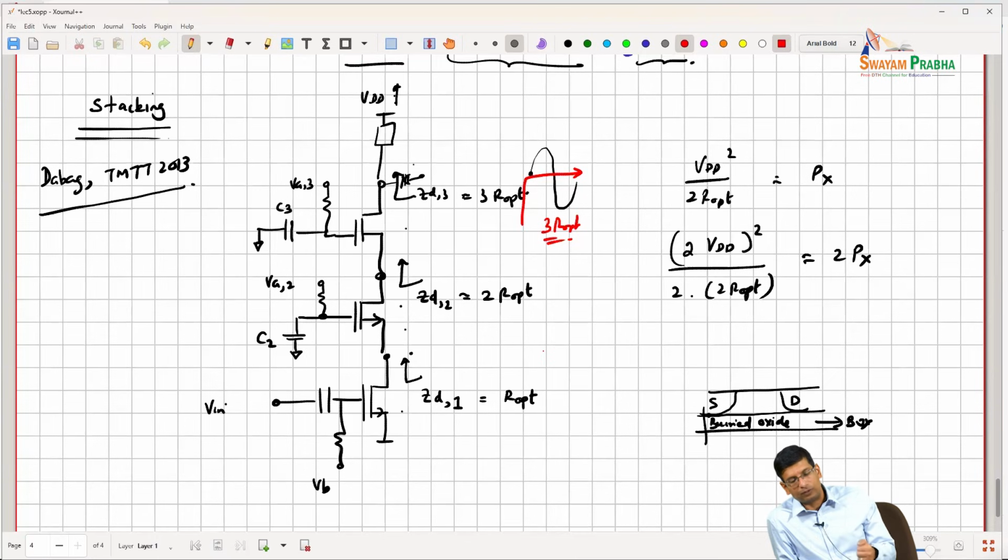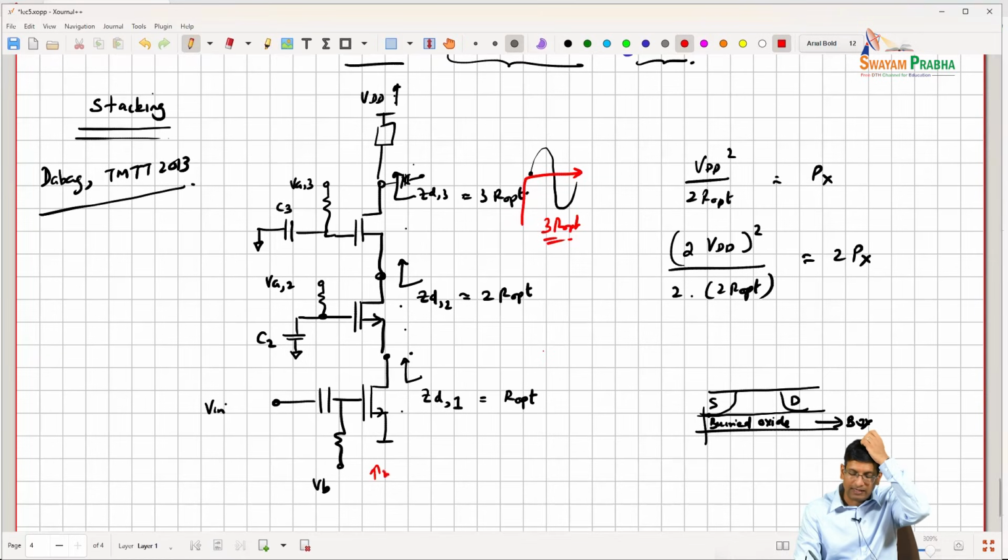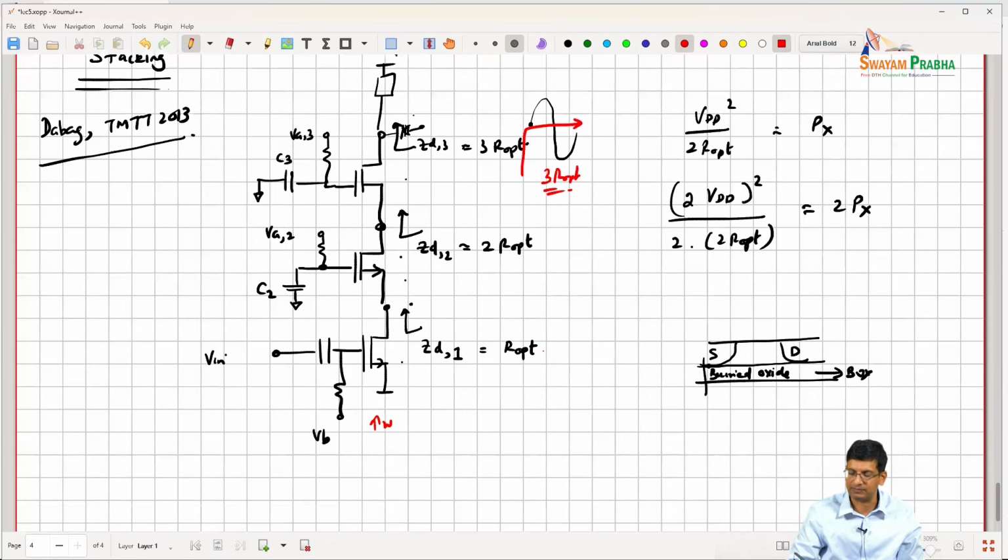Another option, of course, that I have is I decide that I am going to increase the width of my devices also, right? So basically, I'm going to keep the R opt the same, okay? So I'm going to scale my devices because I'm stacking, right?